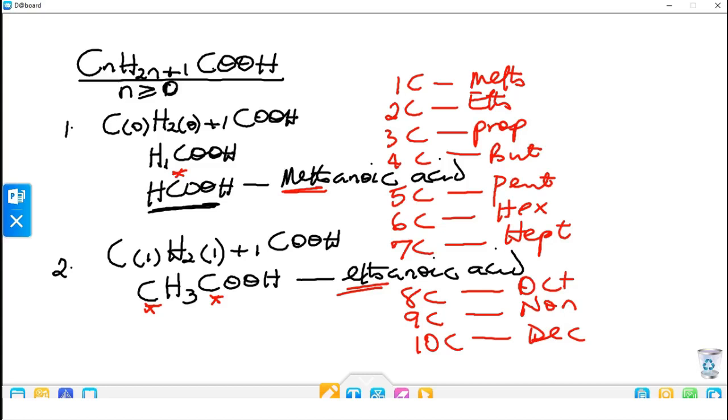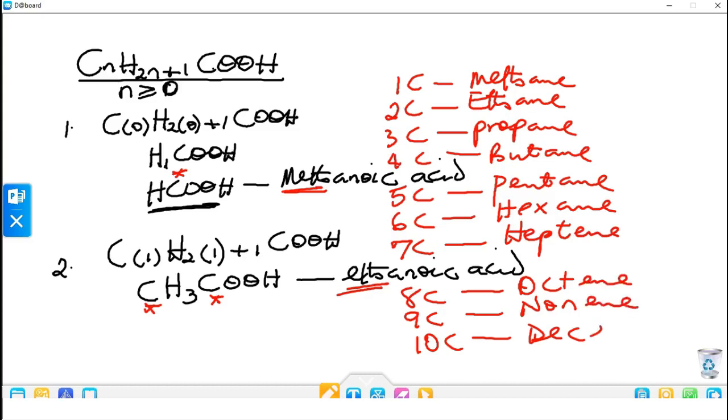So if it is for the alkane family, this is just going to be ...ane continuously. You see? That is actually what it's going to be. If it is for an alkene, the ANE will just be replaced with ENE, and that is how it goes.